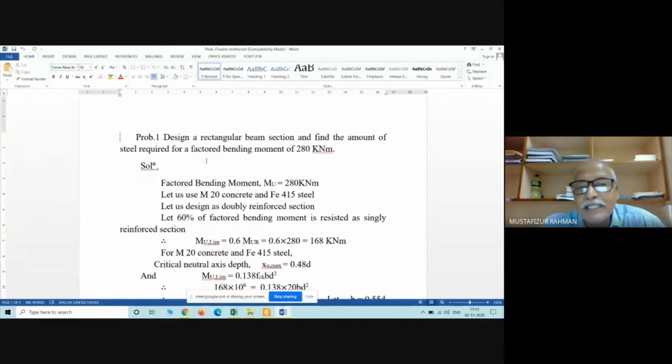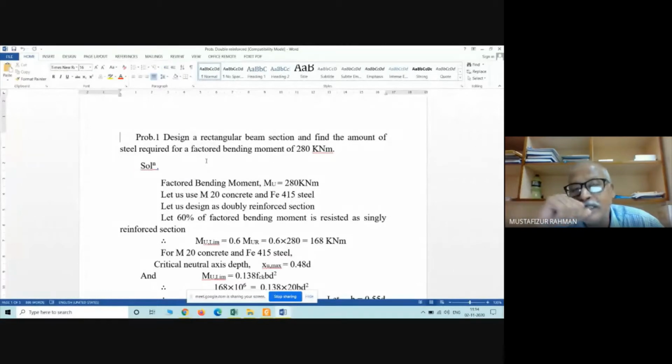Now let us see a problem. We are given a factored bending moment of 280 kilonewton meter. Always try to remember the difference between bending moment and factored bending moment. In theory of structures, it will not be called factored moment, it will be called plastic moment, which you will learn there.